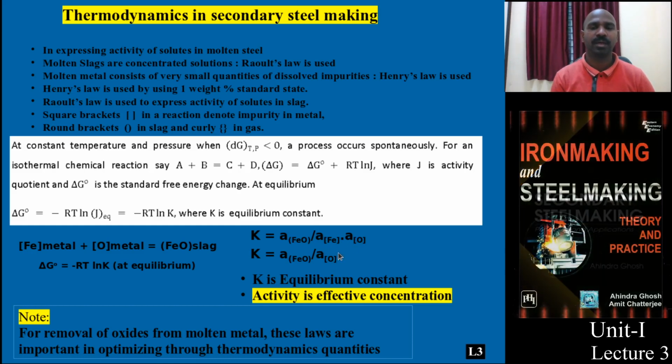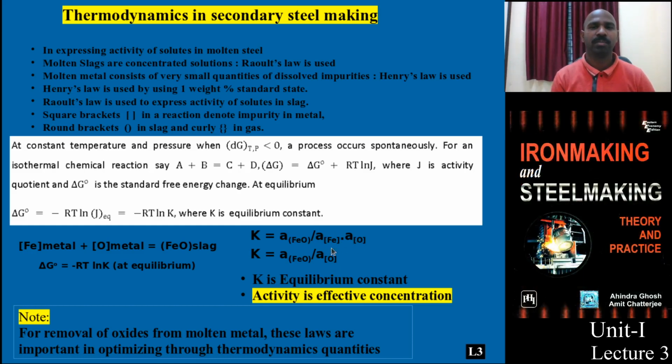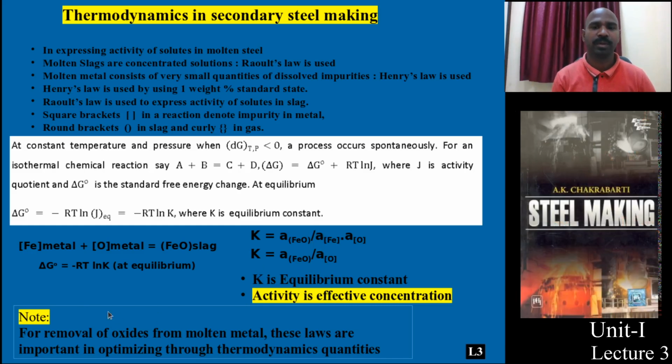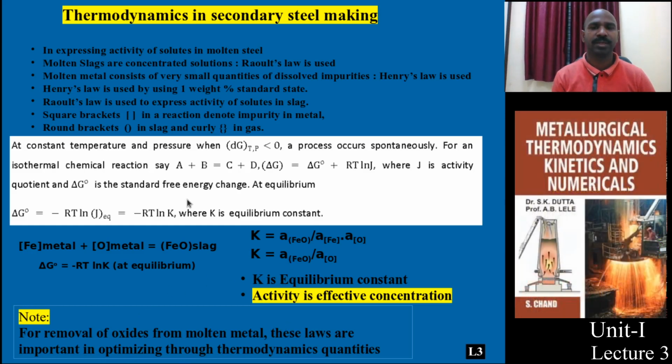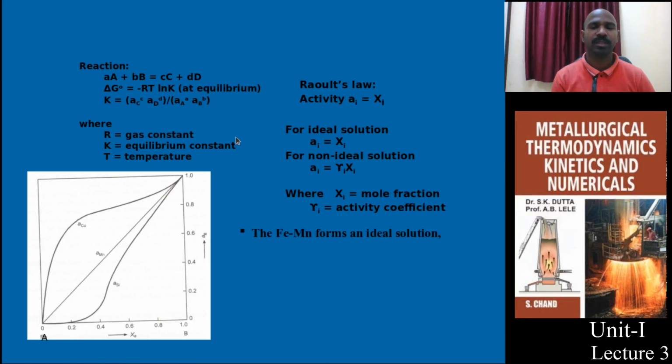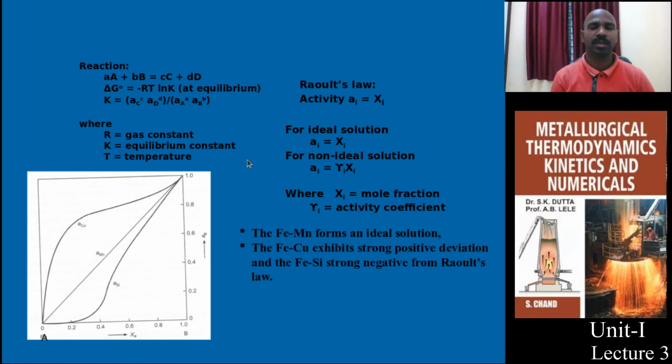Finally, it is assumed that the activity of a pure element in molten metal is taken as unity at constant temperature. Note this point. And this gives you how much oxide is removed, the physical quantity you can know by these things. This is about Raoult's law.